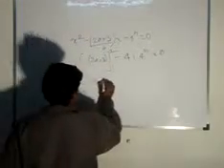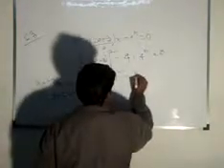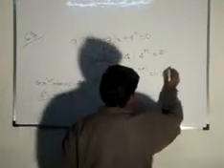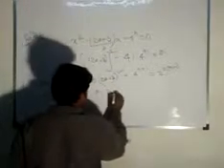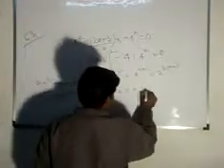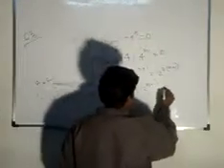So this implies (2a plus 3) whole square is equal to 4 to the power n plus 1, which can be written as 2 to the power 2 into n plus 1. So this implies 2a plus 3 is equal to plus 2 to the power n plus 1 or minus 2 to the power n plus 1.